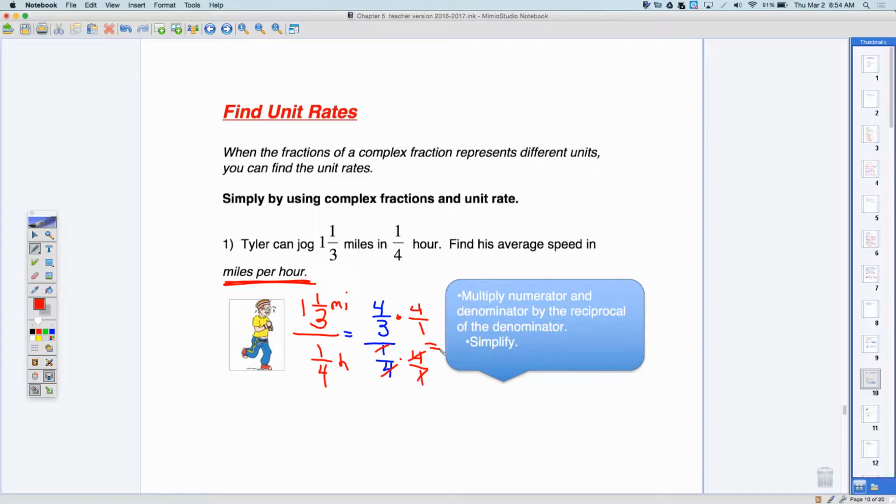Everything cancels out in our denominator, so we are left with a denominator of 1. In your numerator, you're left with 16 over 3. So that would be 16/3 miles over 1 hour. Rename your improper fraction as a mixed number. So it's 5 1/3 miles over 1 hour. So Tyler can jog 5 1/3 miles in 1 hour.